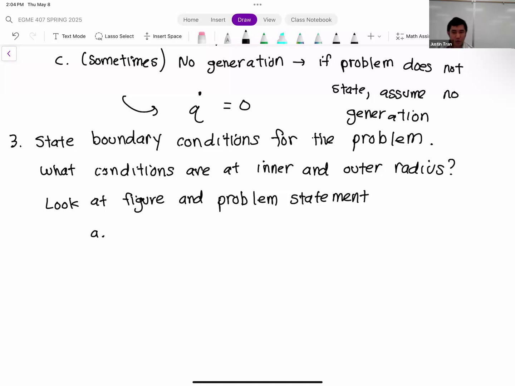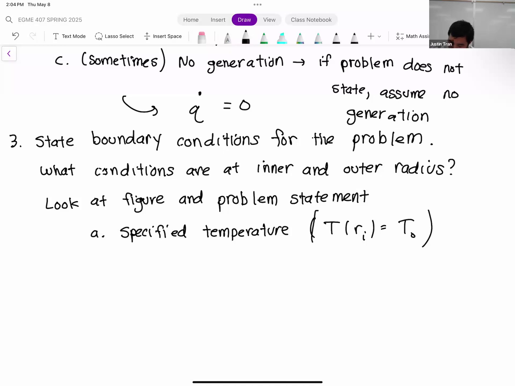So generally your 3 possibilities for boundary conditions are: 1 is a specified temperature. For a specified temperature, we have T of R given is equal to T naught, or given. Maybe I shouldn't use T of R i here, so maybe this is T of R given, RG, because it's not always the inner radius.